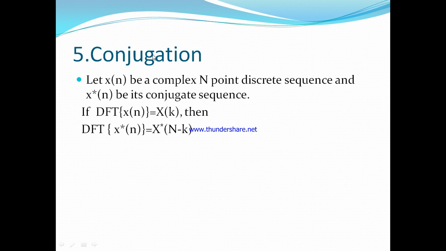Next one, conjugation. Let x of n be a complex N-point discrete sequence and x star of n be its complex conjugate. We know that the DFT of x of n equals X of k. Like this, the DFT of x star of n is X star of N minus k.